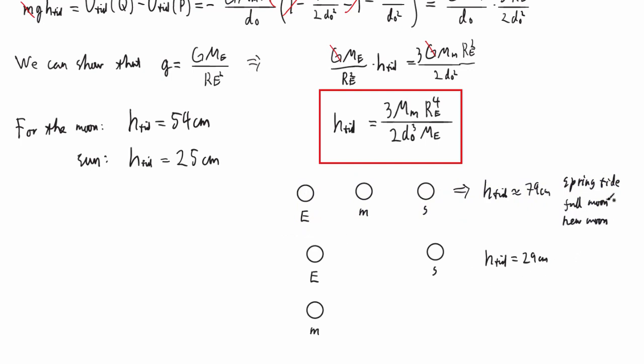And this is known as neap tide. And it occurs when the moon is half. Which is good to know. And we have been able to explain that quite clearly with this simple calculation.